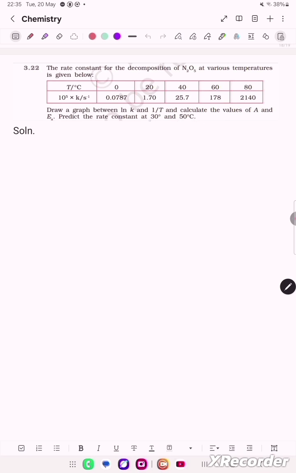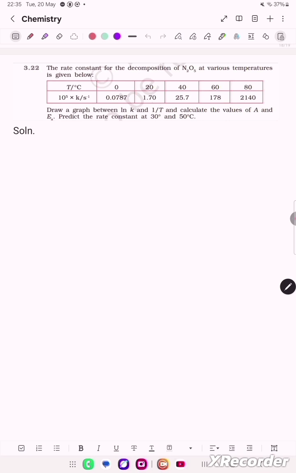So first you have to draw a graph between ln k and 1 by T, and then we calculate the value of A and Ea and the rate constant at 30 and 50 degrees Celsius.